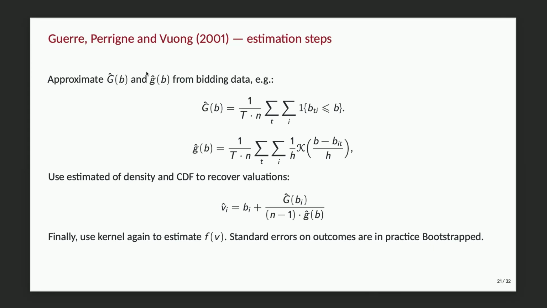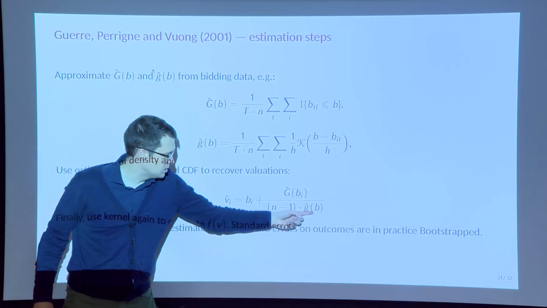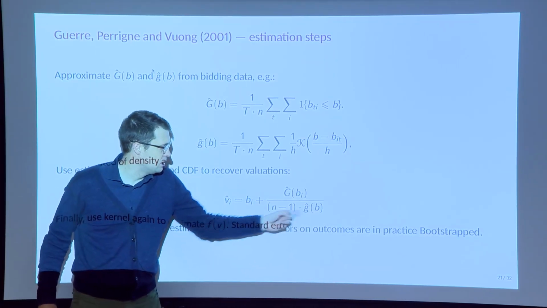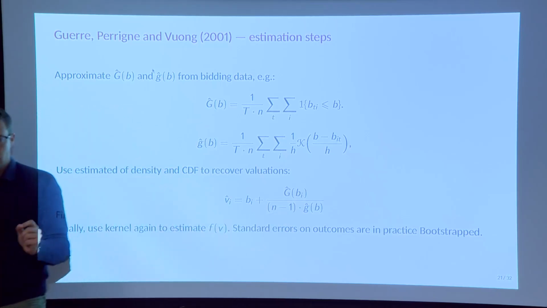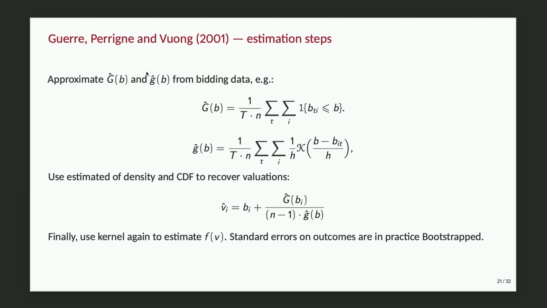Then there are some practical questions like how to choose the bandwidth, and sometimes you want to trim in the tails because observations are noisy in this term, as you see, because we're dividing by the densities, which can easily explode if the density becomes very, very small. And so people sometimes throw away some observations in the tail.